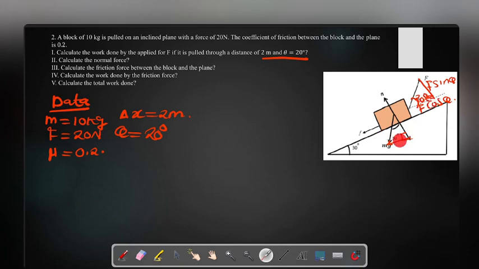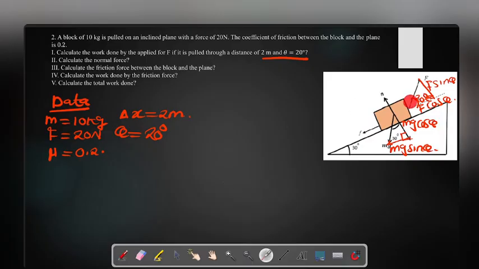Then on the gravitational force, when we look at this right angle triangle, this side is 90 degrees, and this side is the angle which is 30 degrees. So this side becomes our adjacent, which is cos. So this becomes mg cos theta. Then this side becomes mg sin theta. This is what we have on our diagram.